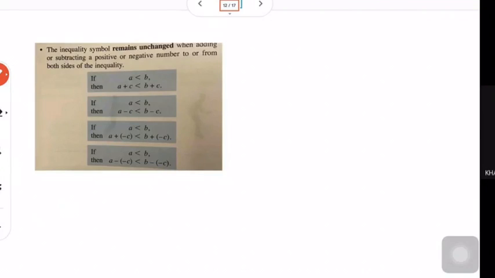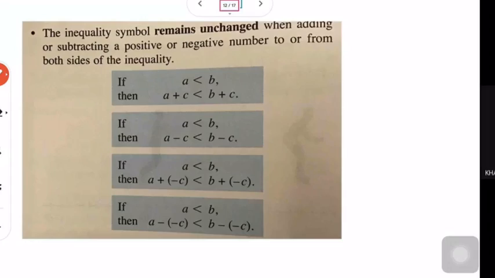Okay, now we go to a little bit more. When we do some changes on the statement, how will it affect the other side of the value? Okay, for example, look at the example given here.